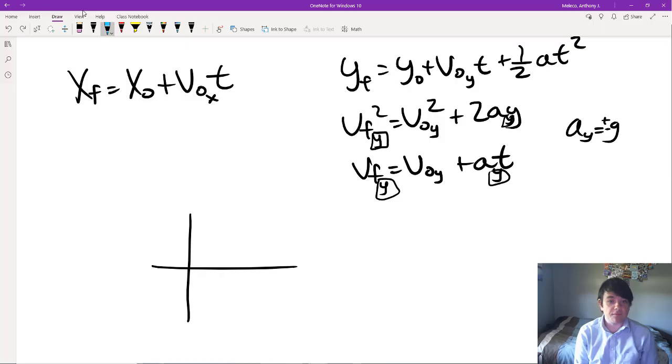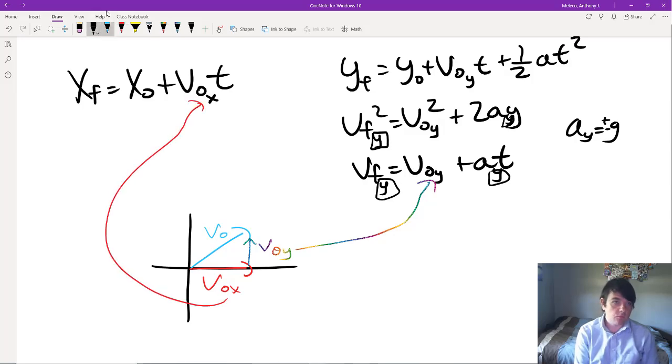For example, we have a v0 that looks like this. What are we going to do? So this is our v0, right? We need to have a v0 x, and we need to have a v0 y, right? Because this is going to be v0 y. This is our v0 x. So what do we do for that?